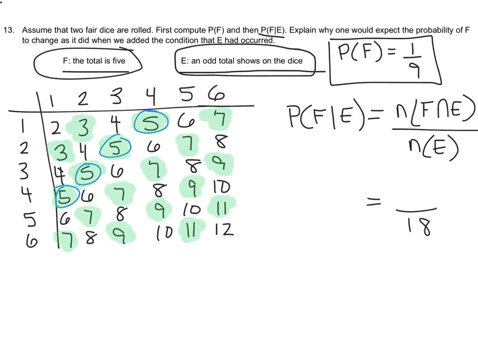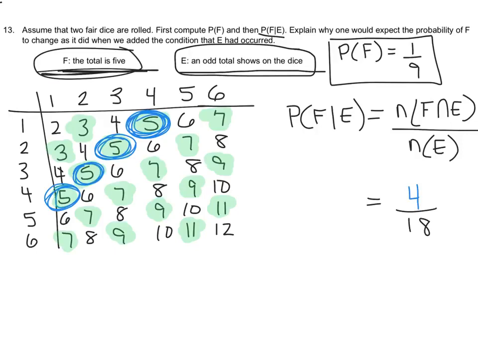Now from those highlighted sums, we want to pick out the numbers that have a total of 5, because again, we're trying to figure out the number of sums that are 5 and odd. So if we look, we have 1, 2, 3, 4. 4 times that a 5 occurs amongst those odd totals. So my numerator is 4.